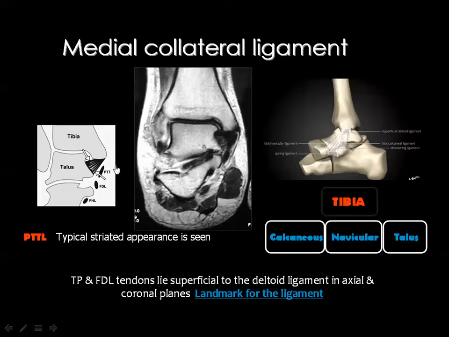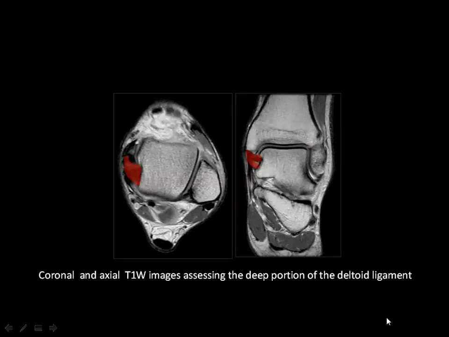You know, the deltoid ligament is deep to the flexor tendons, the tibialis posterior, the flexor digitorum, and the flexor hallucis longus tendons. Then, this is the appearance of the deltoid ligament in the axial.